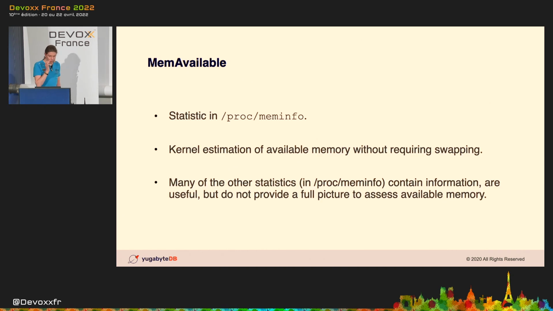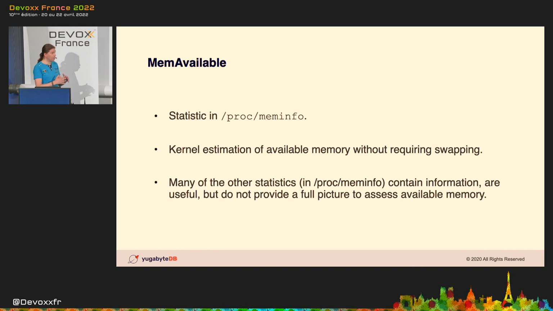So look at mem-available. And mem-available is a relatively new statistic in the Linux kernel, which is a kernel estimation of the amount of memory you can get from the operating system without requiring swapping.